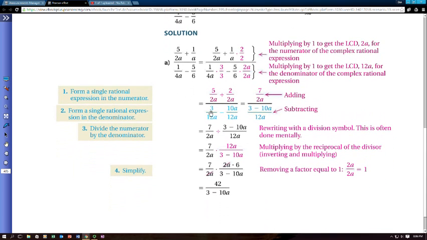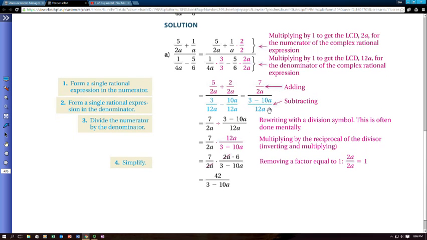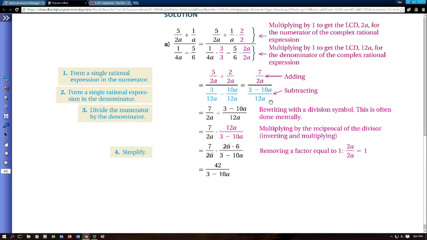Now I end up with 3 over 12a minus 10a over 12a, which ends up to be 3 minus 10a all over 12a. Anytime you add or subtract fractions, you should check to make sure you're in simplest form. There are no common factors between these two terms, so I don't have anything to simplify.